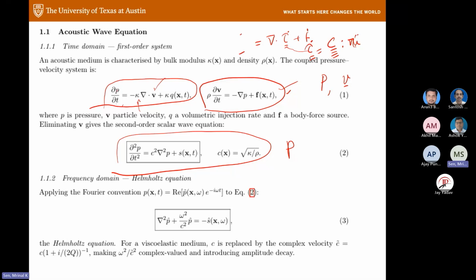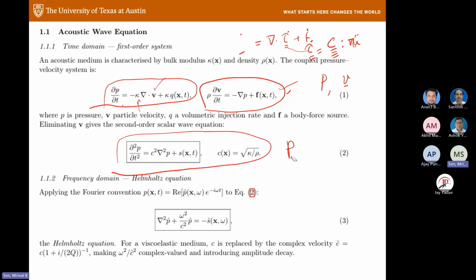You may like to think that, okay, I need less memory, I need to propagate one less variable, which is true. But then it has been shown that this is not always the best system to use when you start to use things like staggered grid system.